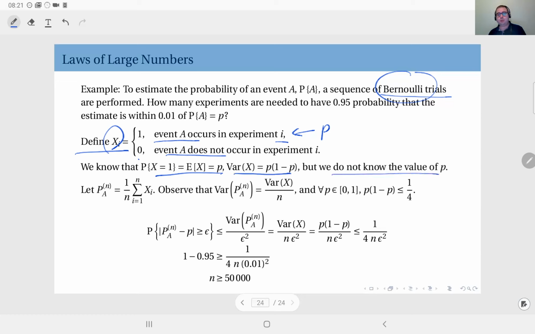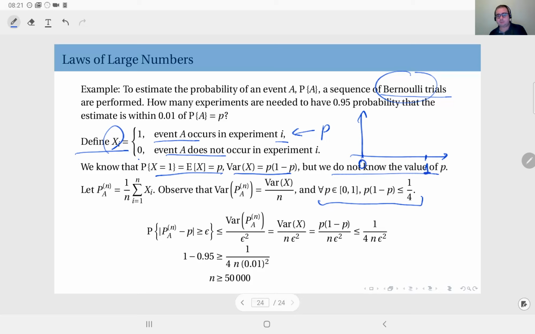So what we do is we just observe that this variance, P times 1 minus P, is upper bounded by 1 over 4. In fact, if you plot this function, because P is a probability, it will take values between 0 and 1.